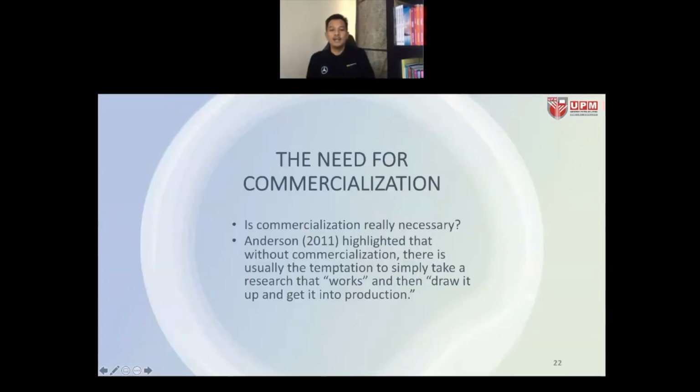Okay, and as we have gone through the path of commercialization, now we would like to look into the need for commercialization, right? So, is commercialization really necessary? Is it a phase or a process that is compulsory to be done?